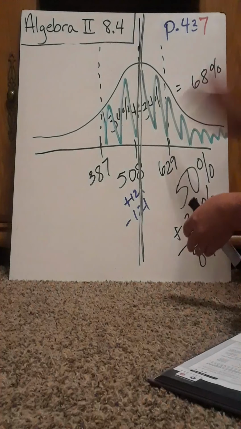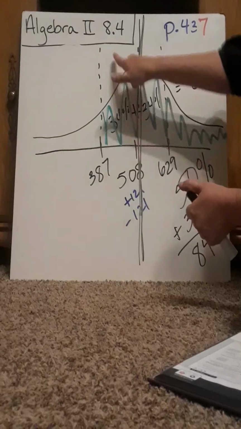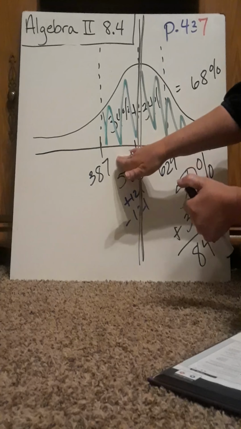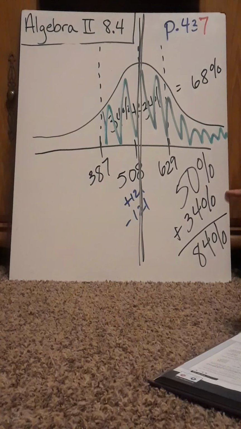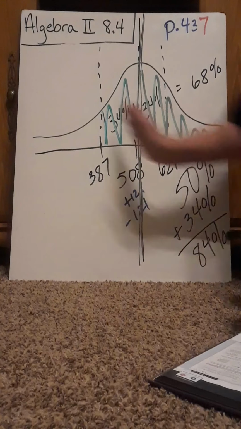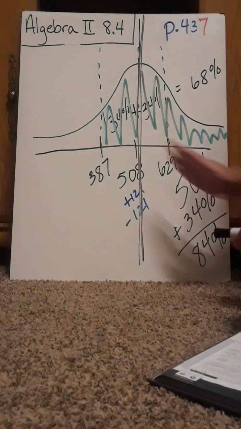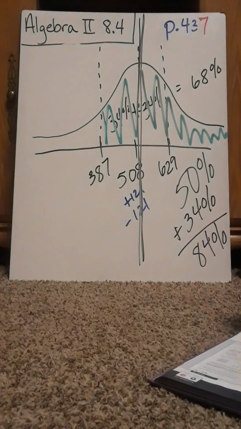So I know that from the mean over is half of the data. That's 50% right there. Then we just needed to add this little section right here, which is just the 1 standard deviation below the mean, which is 34% of your data. So 84% of your data is going to be from here bigger. Okay, 1 standard deviation below the mean up is 84% of your data.